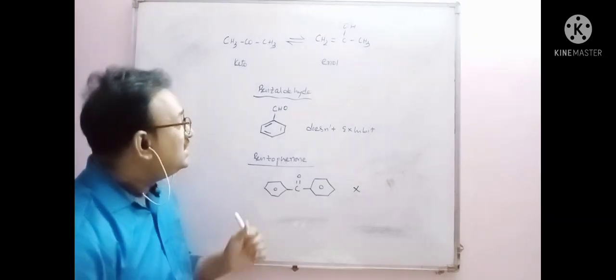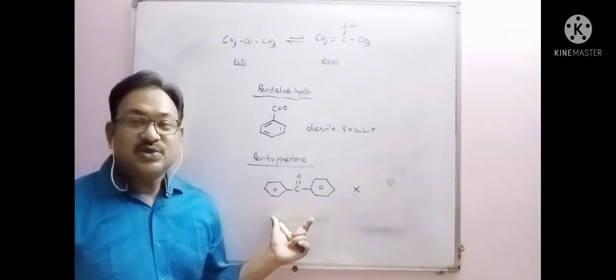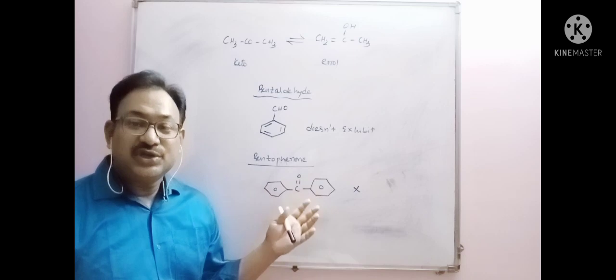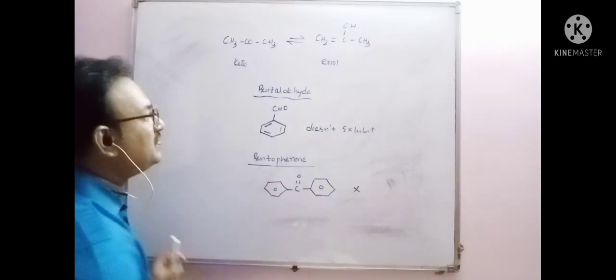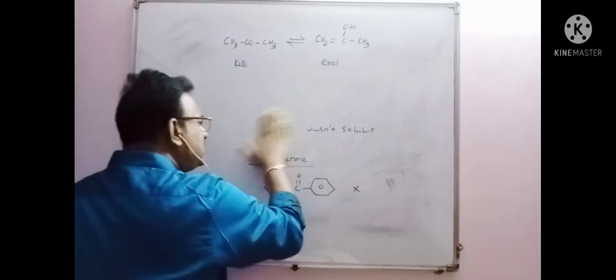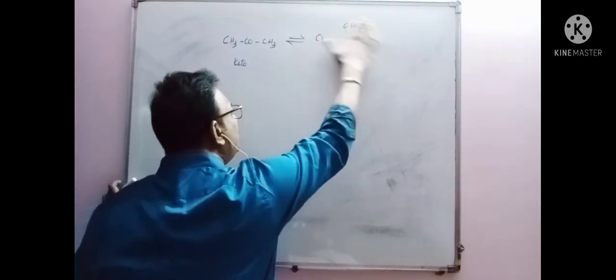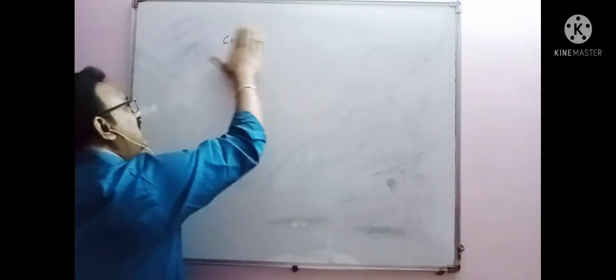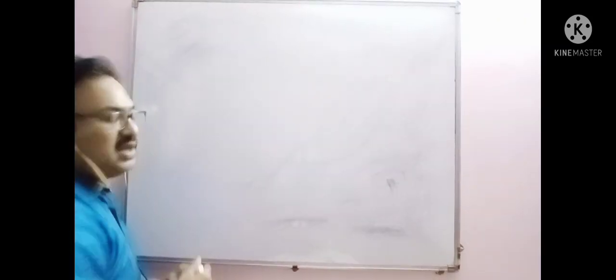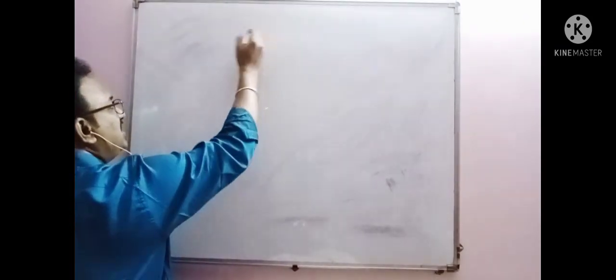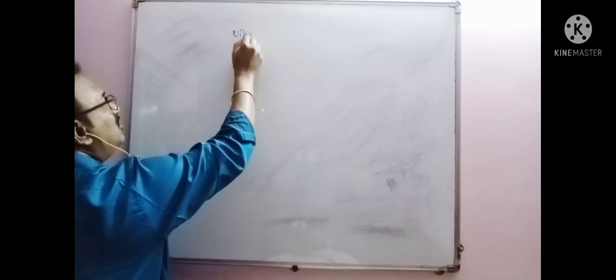So you are telling about aldehydes and ketones, and what are the other functional groups that can exhibit tautomerism? Apart from aldehydes and ketones, another functional group which exhibits tautomerism is the nitro group.